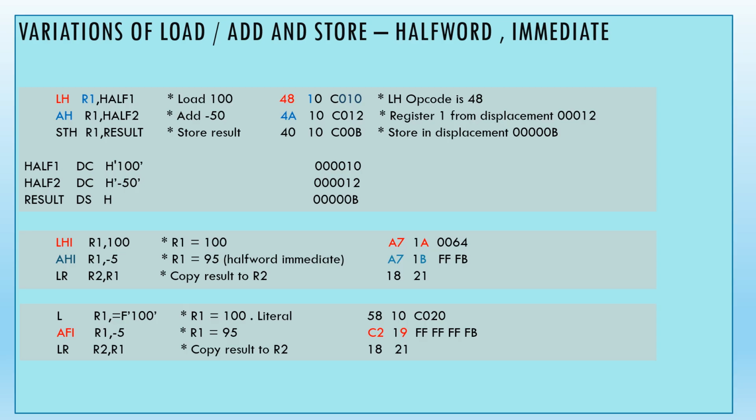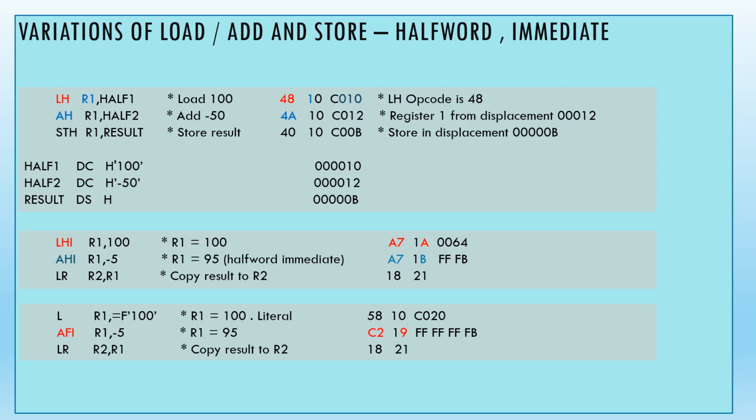In both cases, since it is a negative value, the sign indicator F gets extended for all the bytes. So here you see 4 bytes, and here it's only 2 bytes.